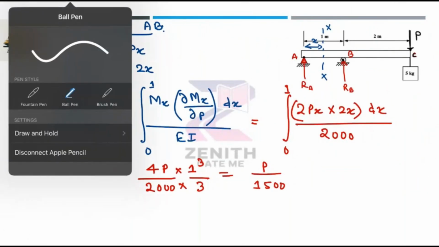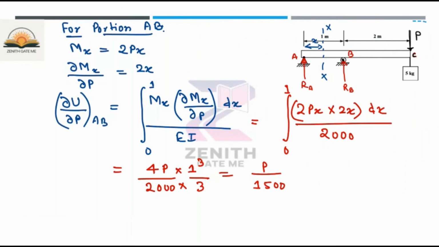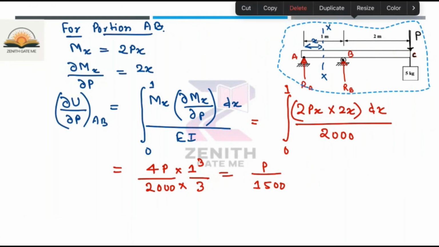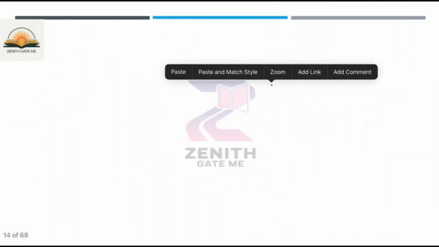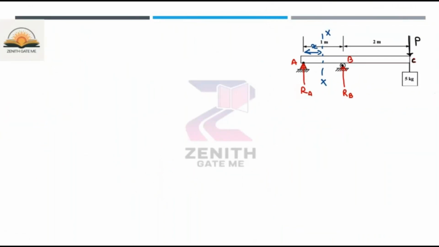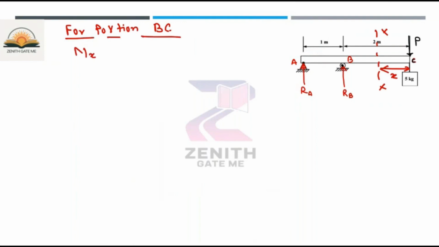Now, for the second portion, let me take the same diagram in the next slide. Now, what I will do, I will take the section XX at a distance of X from this C end, because I am calculating the strain energy for the BC. So for portion BC, what is the moment at X?